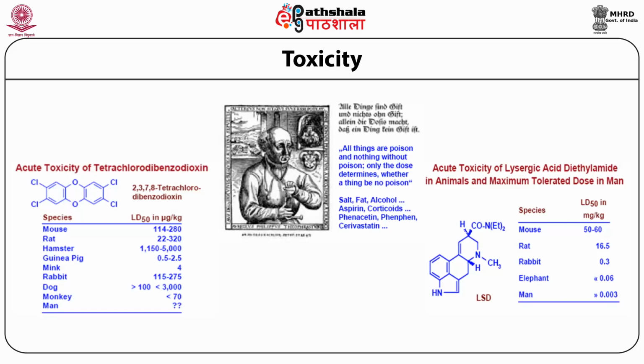Take the right-hand side, which is a drug. Lysergic acid is one famous drug, or an opioid, which is very commonly used, such as pethidine and other injections sometimes. Look at the table shown, not only the chemical structure. The table shows that man has very, very low tolerance, whereas mouse has almost 10 to the power 3 times more tolerance.